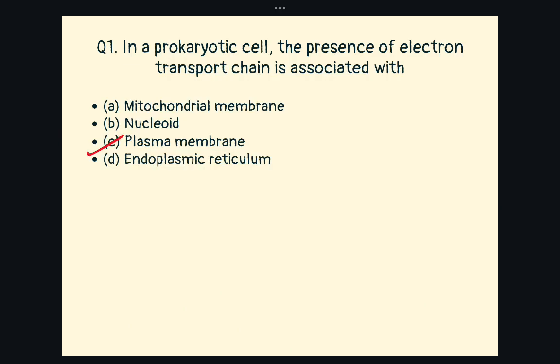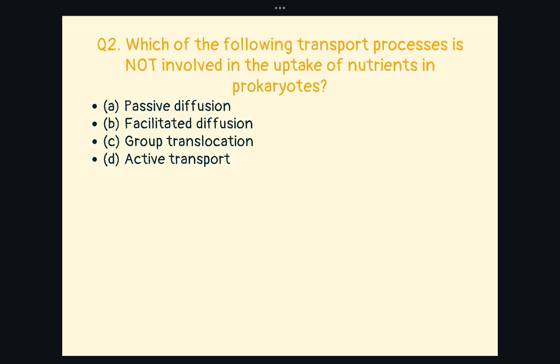Now, next question. Which of the following transport processes is not involved in the uptake of nutrients in prokaryotes? Passive diffusion, facilitated diffusion, group translocation, or active transport?